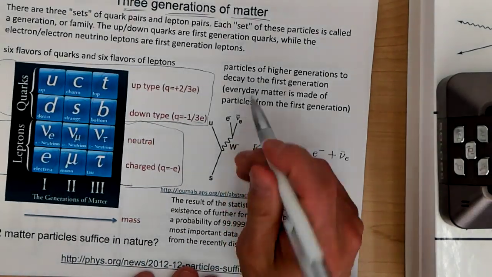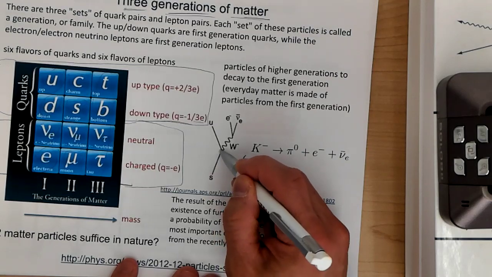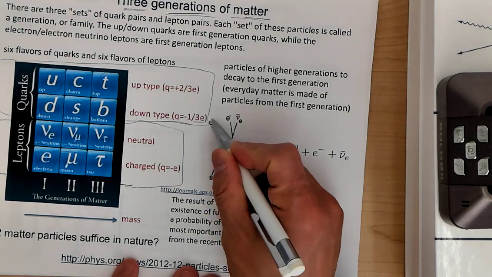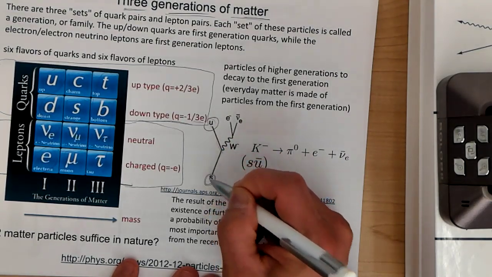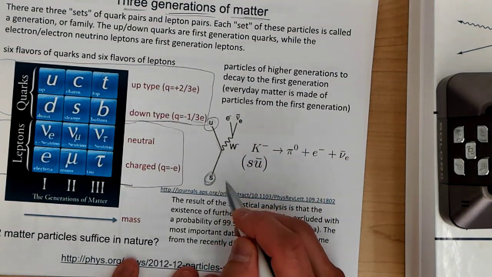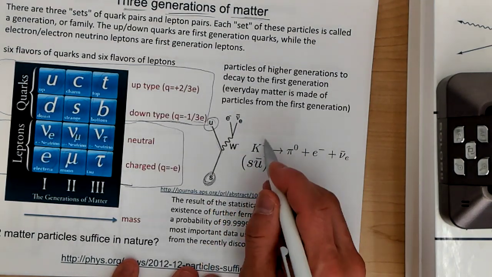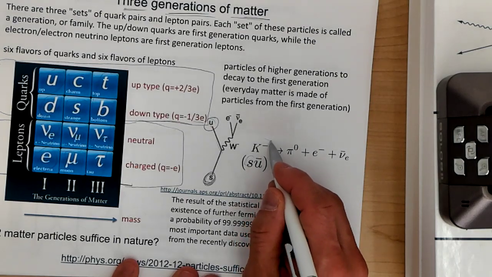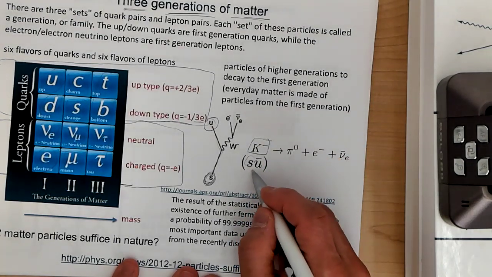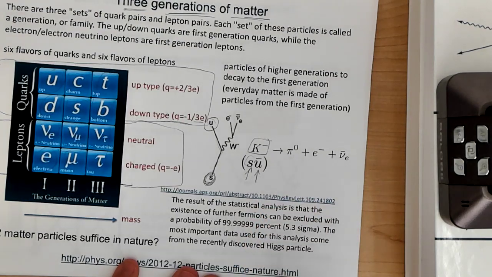So now, what's interesting is that the weak interaction can connect the up quark not just with a down quark, but also with a strange quark. So then we can have a process where we have a particle, something like a K minus meson, which is a strange quark with an anti-up quark.